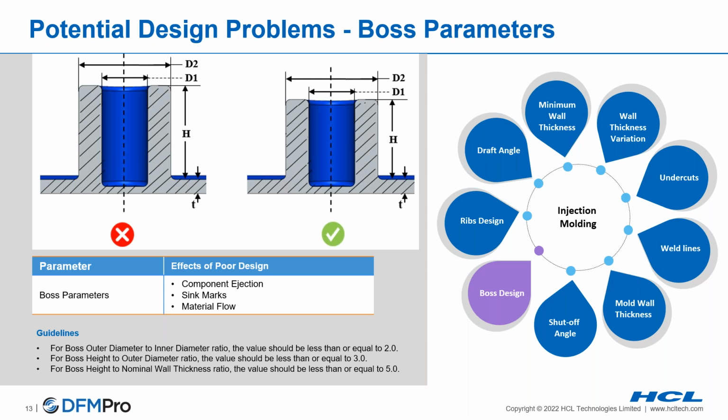It will affect the cooling, which will result in voids and sink marks. A tall boss results in a deep core hole that will require a long core pin. General design guidelines for a boss would be: boss outer diameter to inner diameter ratio should be less than or equal to 2. The boss height to outer diameter ratio should be less than or equal to 3. Boss height to nominal wall thickness ratio should be less than or equal to 5.